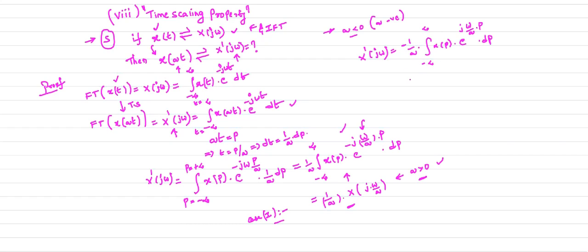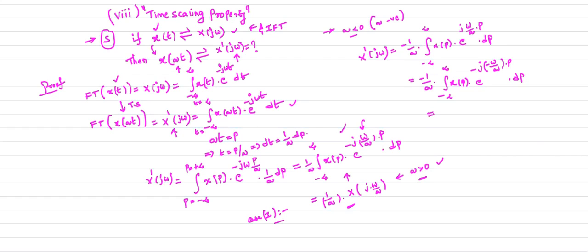Now I want to convert this into the standard form: minus 1 by a integral minus infinity to plus infinity X of p, e power minus j omega by a into p, dp.